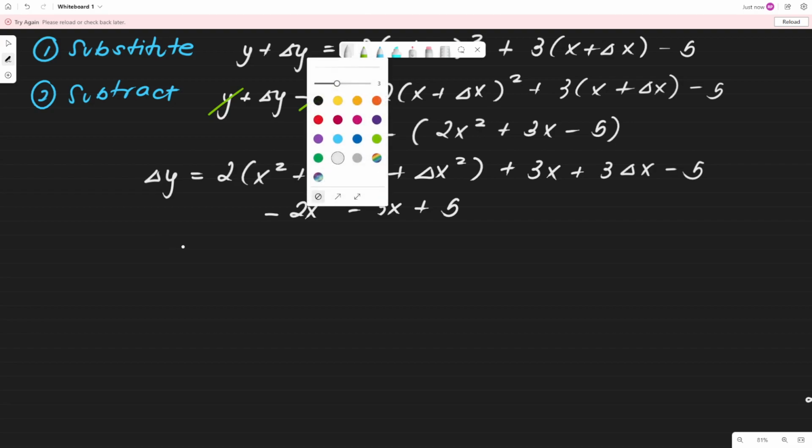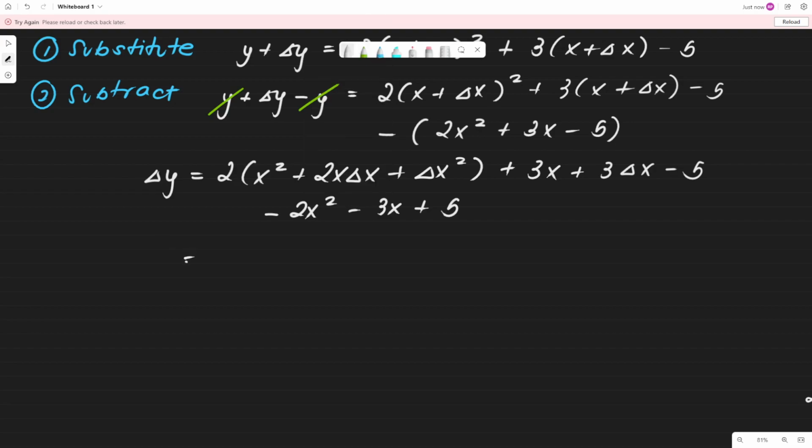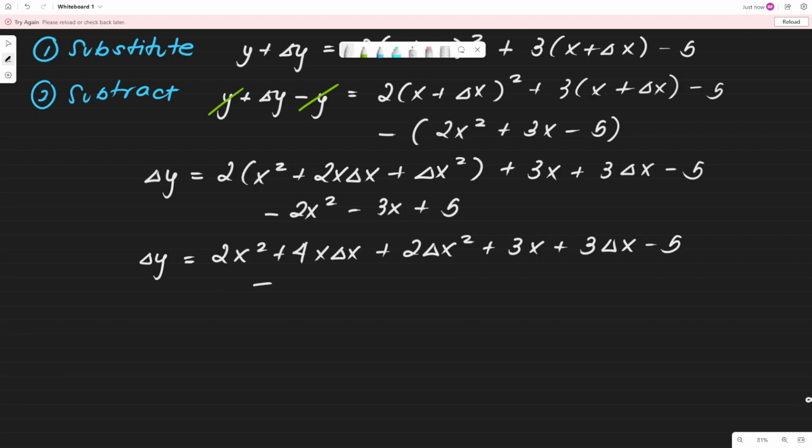No, so we'll have, this is equal to, distribute ulit natin. So we have delta y is equal to 2x squared plus 4x delta x plus 2 delta x squared plus 3x plus 3 delta x minus 5 minus 2x squared minus 3x plus 5. Then let's cancel kung ano yung mga pwede nating ma-cancel.